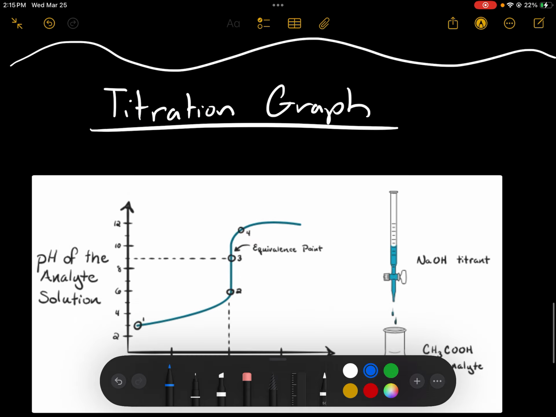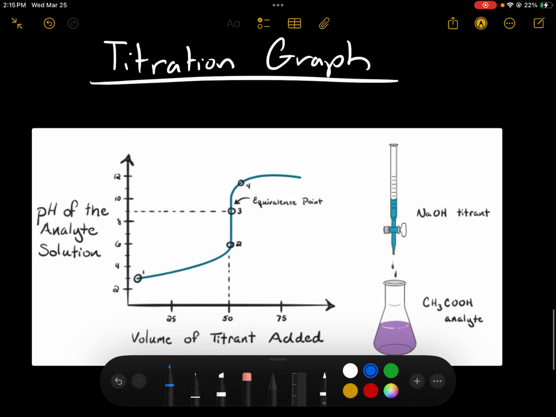All right? So to just take a quick look at this titration graph so that you know what's what, we know already that our titrant, the thing that we know the concentration of, goes in the burette up here. We know that our analyte, the thing that we do not know the concentration of, goes in the Erlenmeyer down there. And when we graph data like that out, if our analyte happens to be an acid, like acetic acid here, we're going to start low.